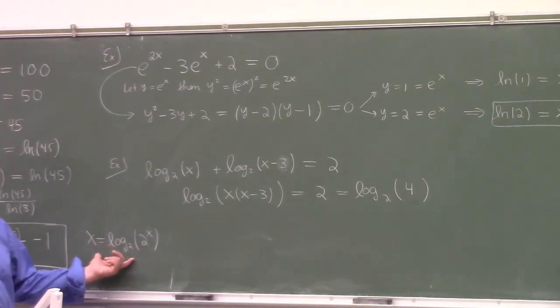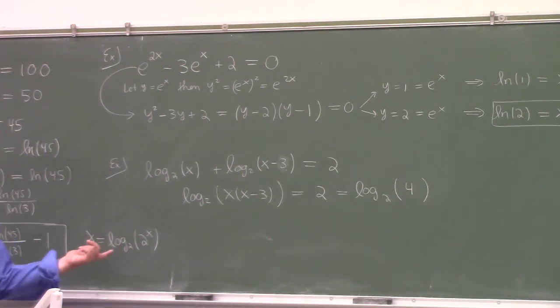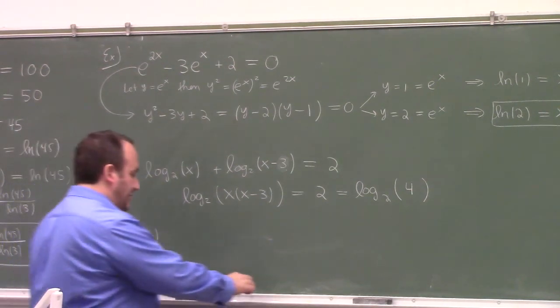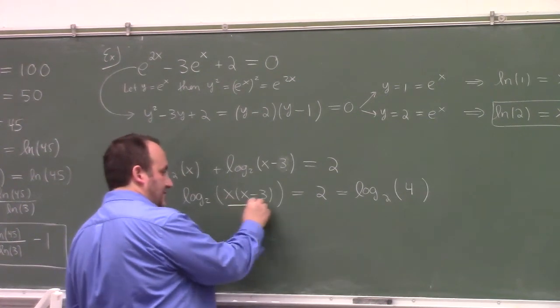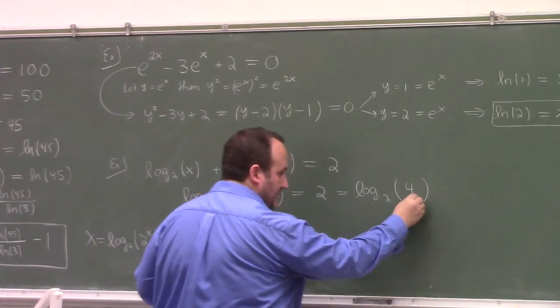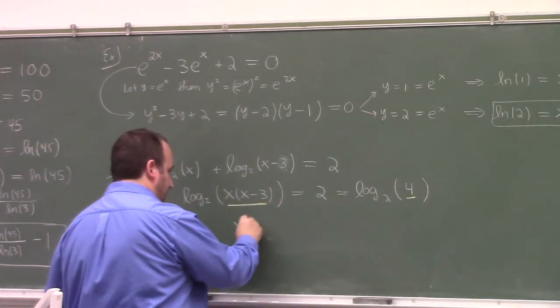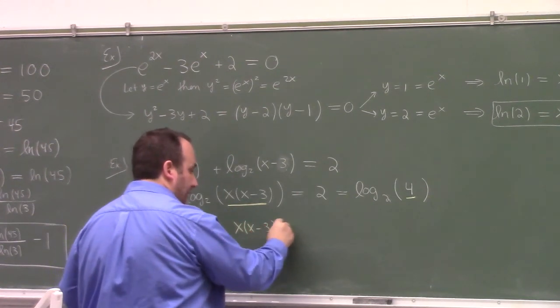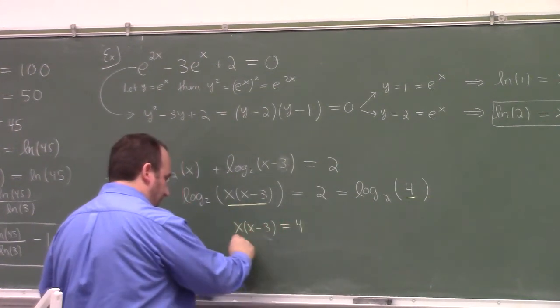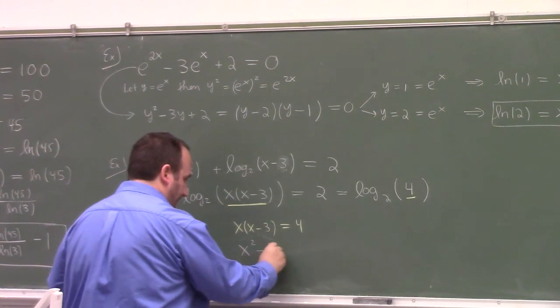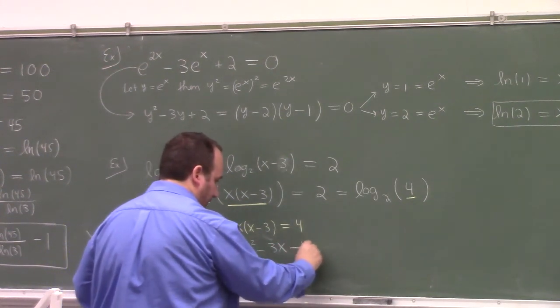But then by the one-to-one property of the log base 2, we get that this is equal to that. So we get x times x minus 3 equals 4, which is x squared minus 3x minus 4 equals 0.